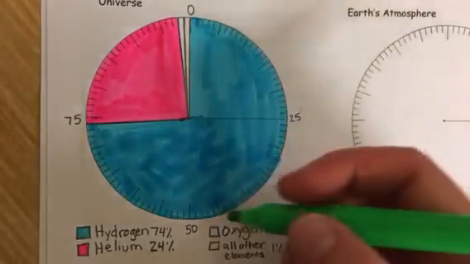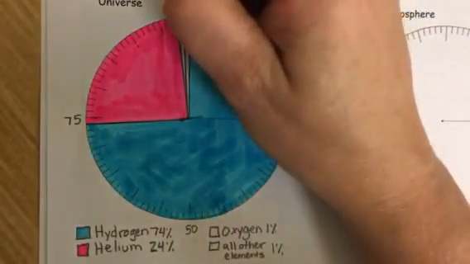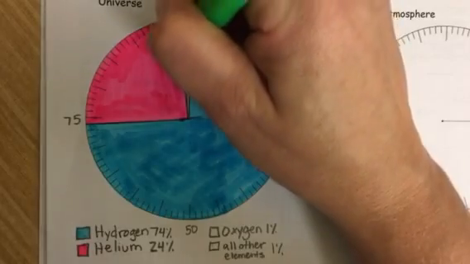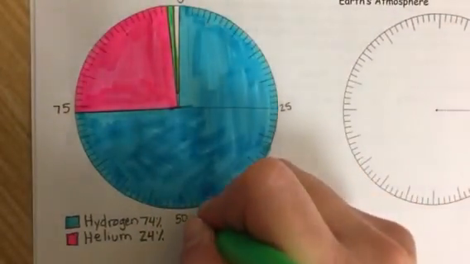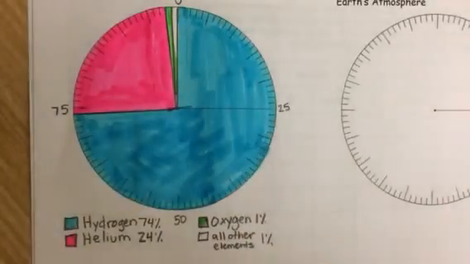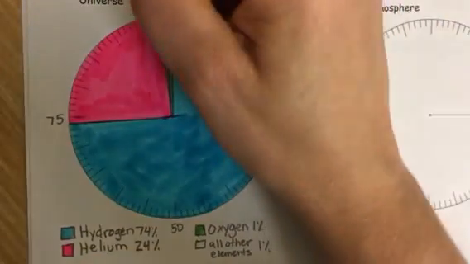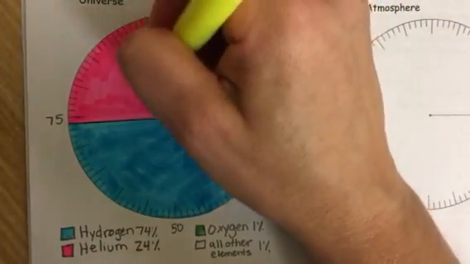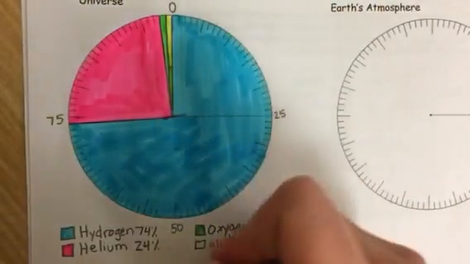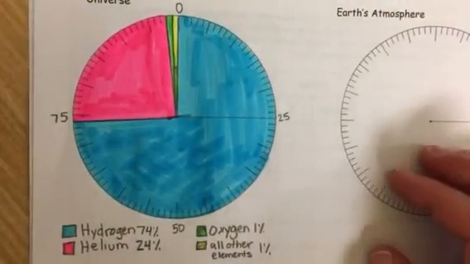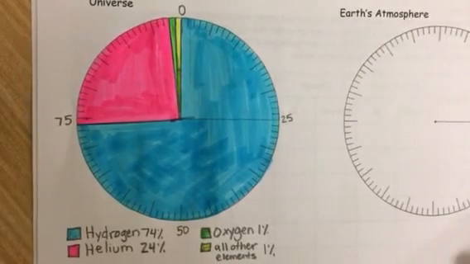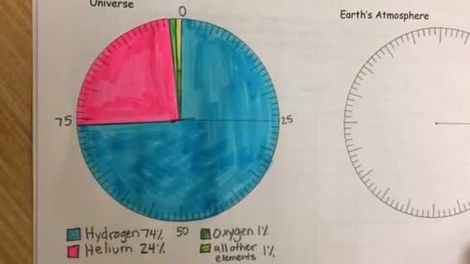So oxygen, I have selected green. And my other elements, yellow. Please be sure to be making your circle graphs in this same fashion.